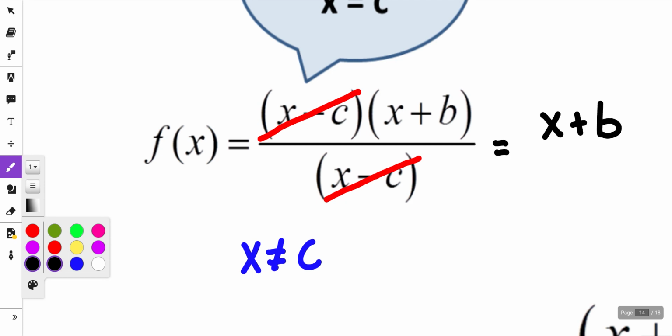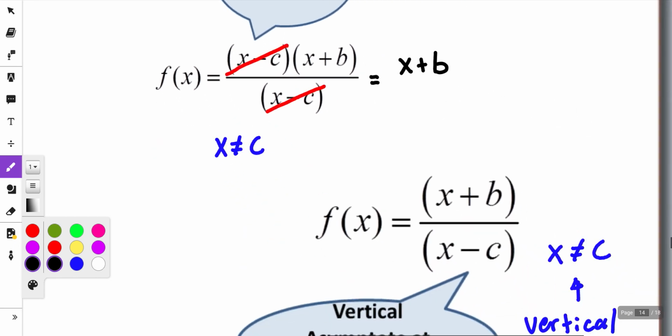When it simplifies like this, I now have a linear equation that I could sketch, but that linear equation would have a hole because x cannot equal c. That's the difference between a hole and a vertical asymptote. Vertical asymptotes do not simplify. Holes simplify, and they go away.